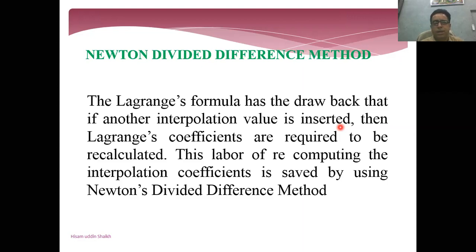There is no need of huge labor work in this method for single or more than single values. For the Newton divided difference method, first of all we prove this method, then we apply the same formulation in any problem.